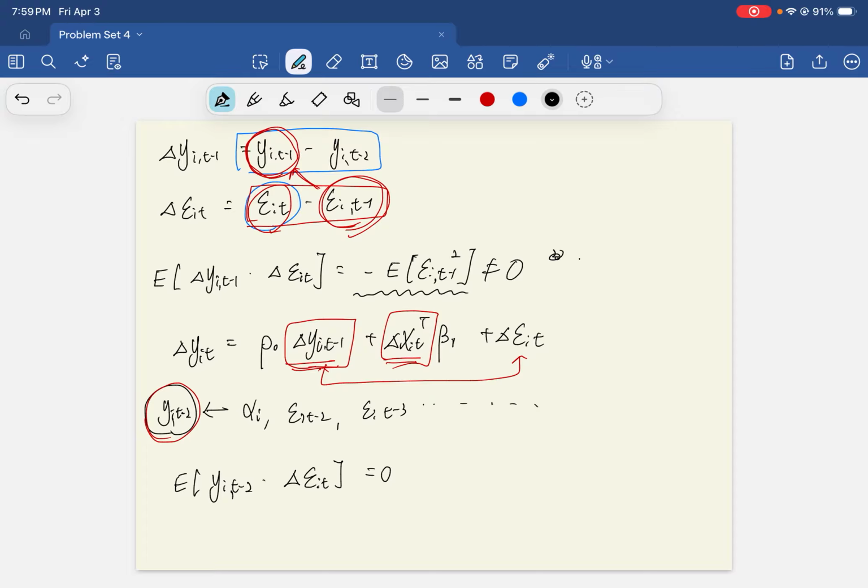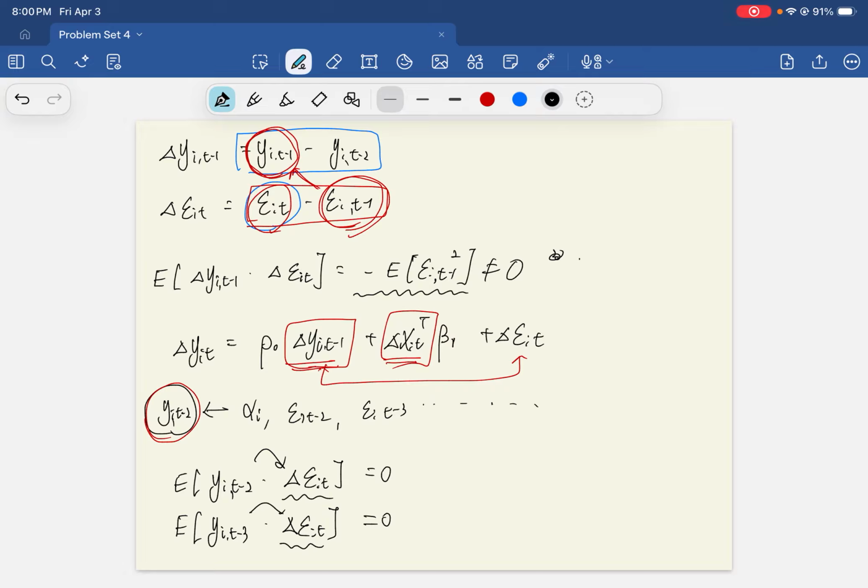And then extending the same idea, you can also claim that y_i,t-3, if available, will be uncorrelated with delta epsilon_it. So delta epsilon_it depends only on epsilon_it and epsilon_i,t-1. So any value from the past is uncorrelated with those epsilons.